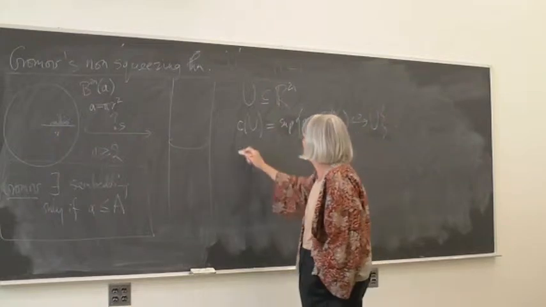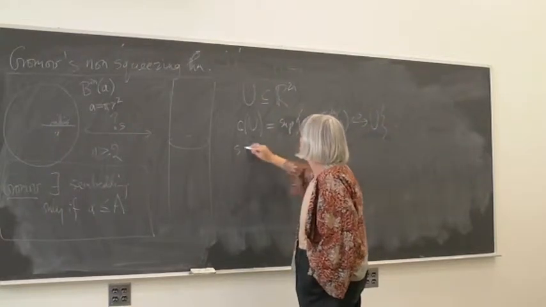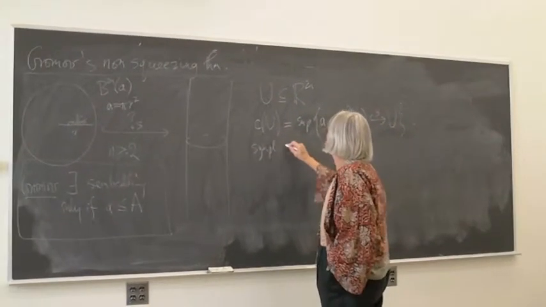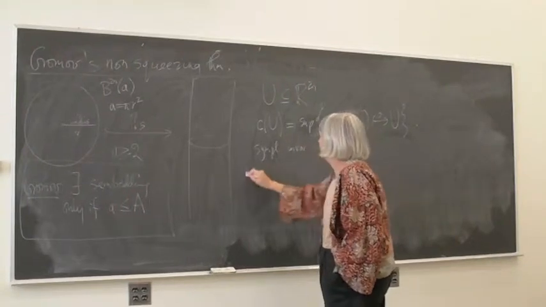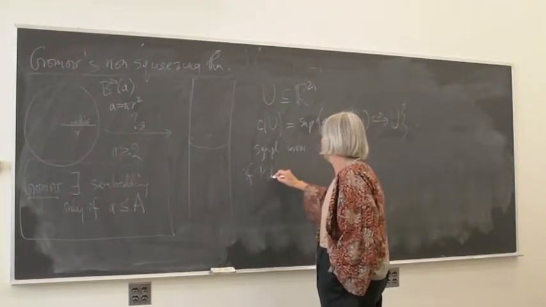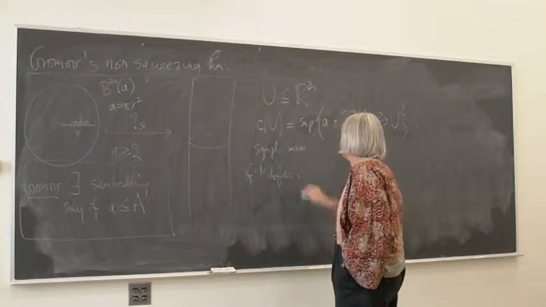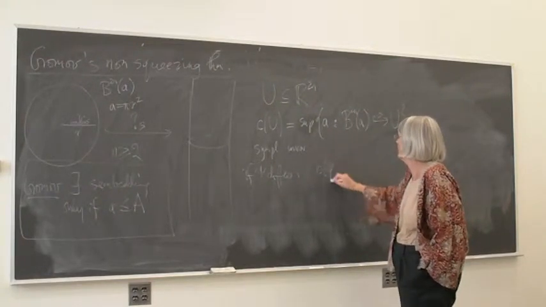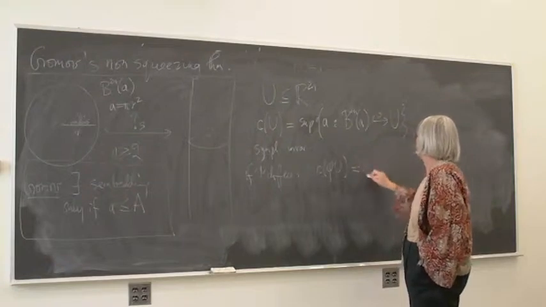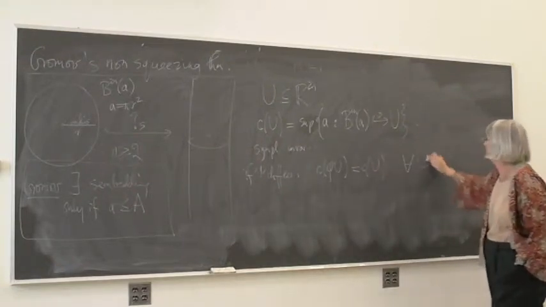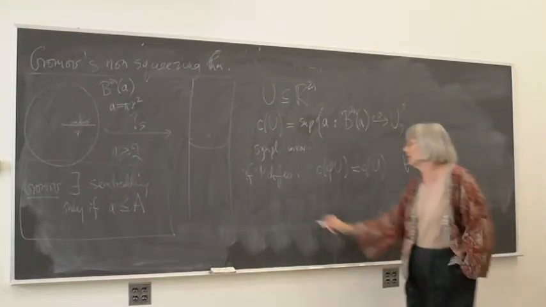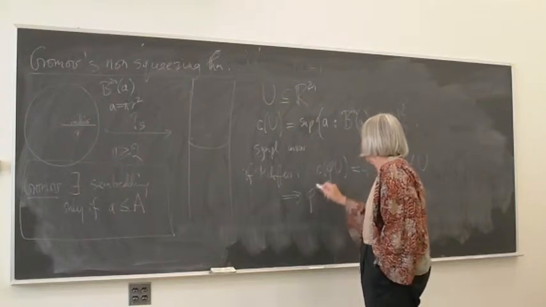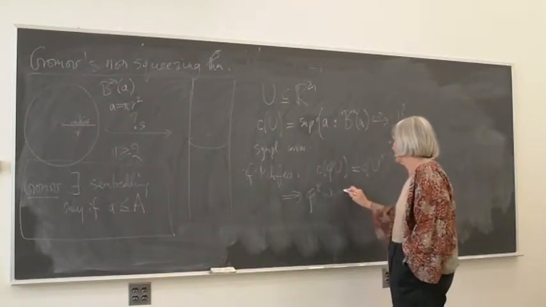And the claim is that if phi is a diffeomorphism with the property that it preserves capacity, so the capacity of phi(U) is equal to the capacity of U for all U, then that implies that phi is essentially a symplectomorphism.